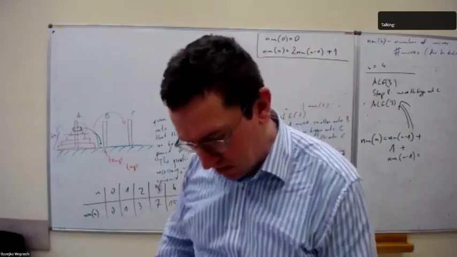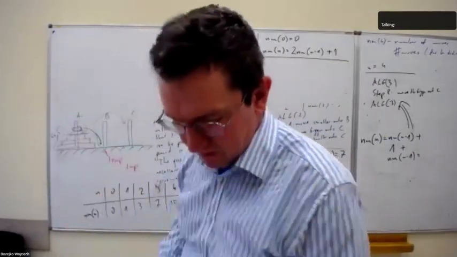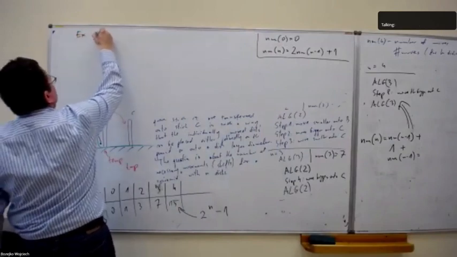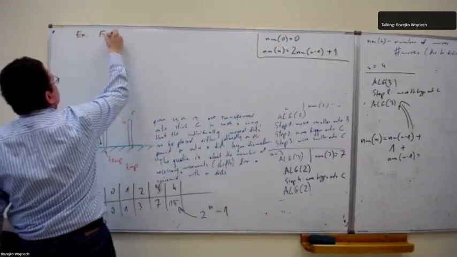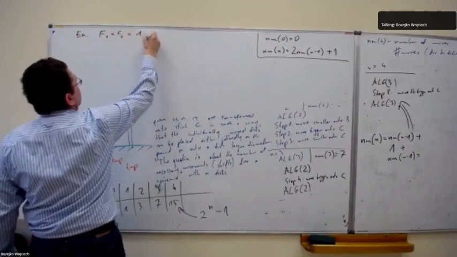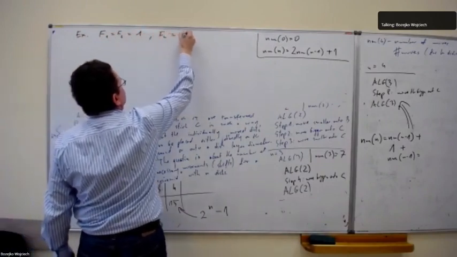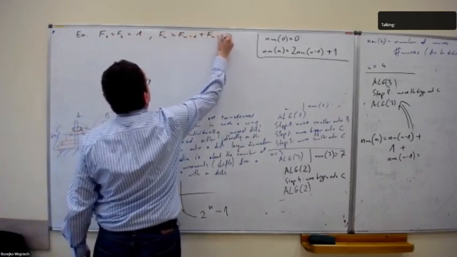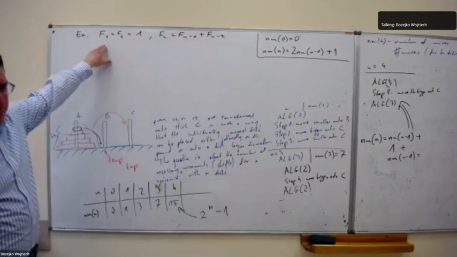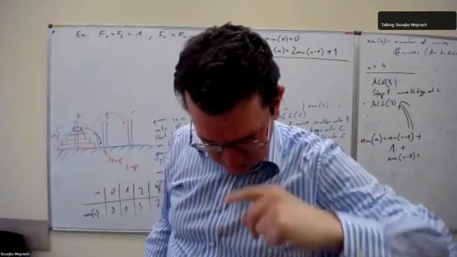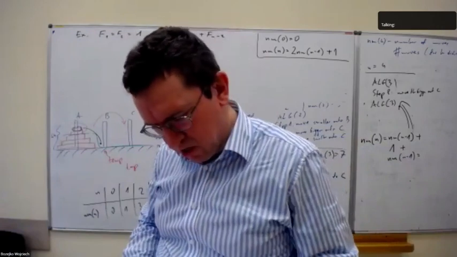Let us try to write it on the Fibonacci sequence example. Example 2. F1 equals F2 equals 1. Fn is Fn minus 1 plus Fn minus 2. Sometimes it starts from 0. Just a second. Let us try 0.